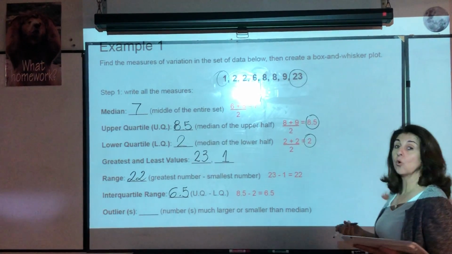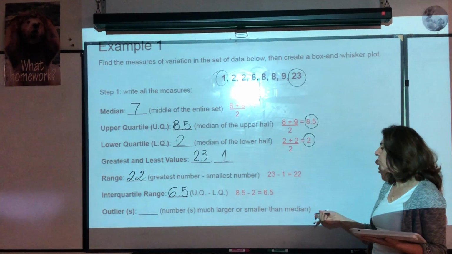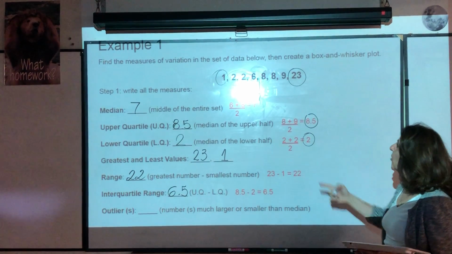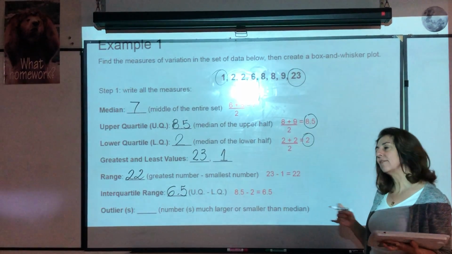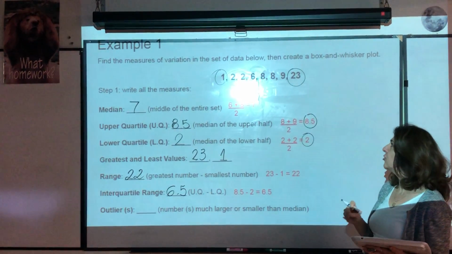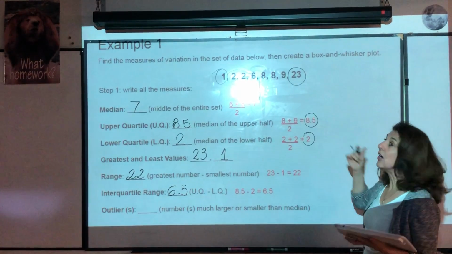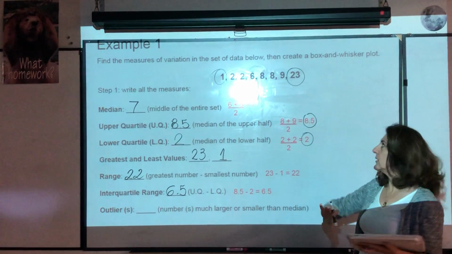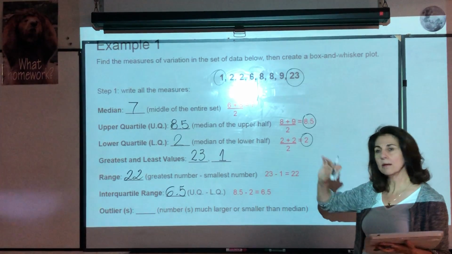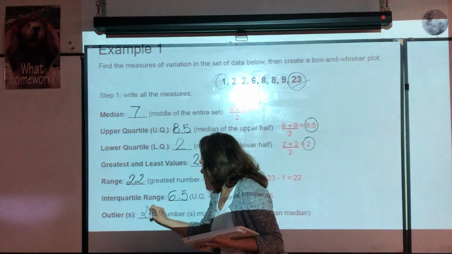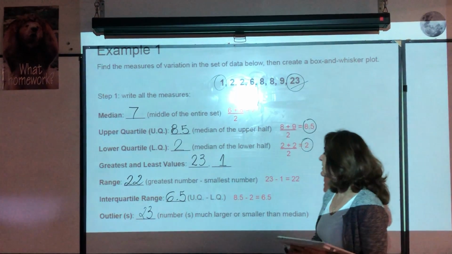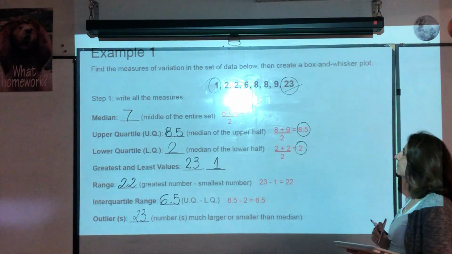Outliers are the number or numbers that are much larger or smaller than the median. Well, my median here is 7. If I do the multiplication by 1.5 like I showed you yesterday, I am going to see that the only number that is way far is 23. So the only outlier I have is the number 23.